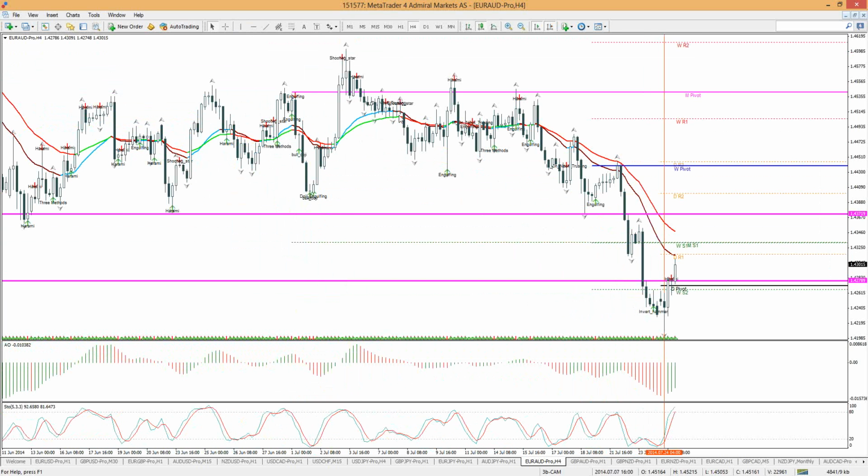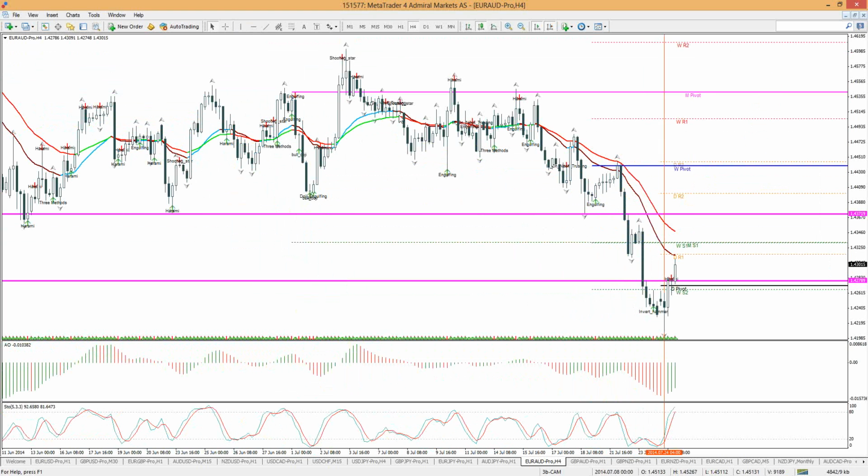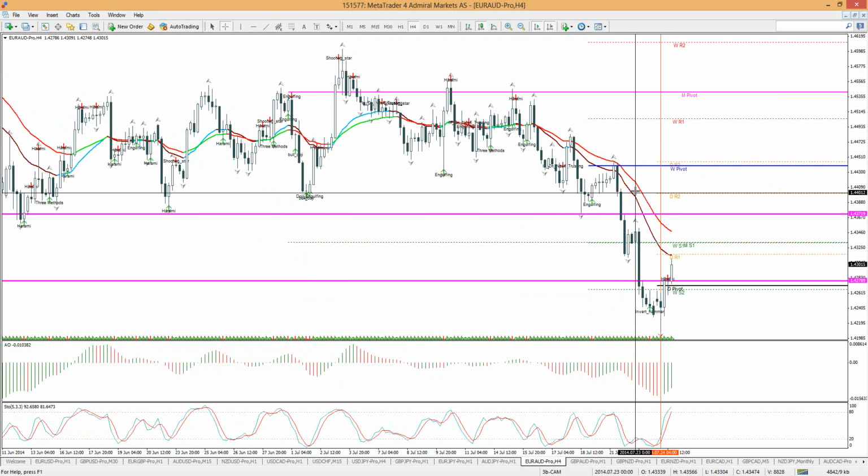Because who knows? Maybe this entire downside is being retraced. Not only this last leg, but this entire leg. And then price could easily retrace maybe all the way back to the weekly pivot point and take us out for break even.